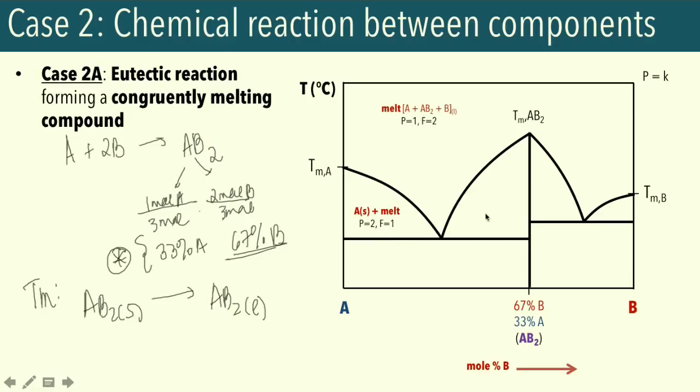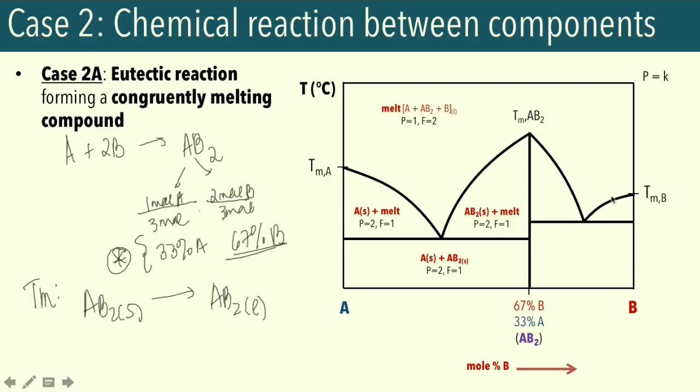In this region over here, the bordering phase is our AB2 solid, and our bordering phase over here is our melt. So we have AB2 solid plus melt. Same thing goes, 2 phases, variance of 1. Below our eutectic temperature here, we have A solid plus AB2 solid. So 2 phases, variance of 1.